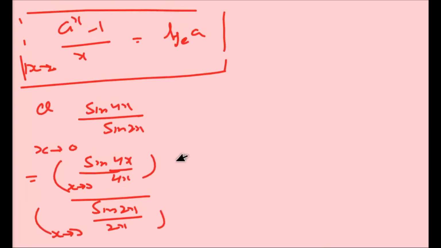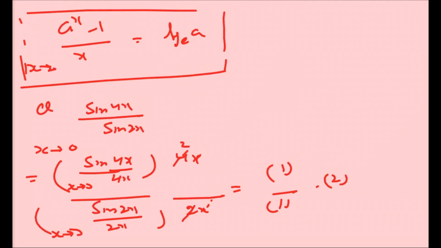So we multiplied by 4x, so here also we have to multiply by 2x. Now x is cancelled and here is 2. So using this formula, the limit is 1 and here is also 1. What is left here? 2. So we can say the answer is equal to 2. Okay.